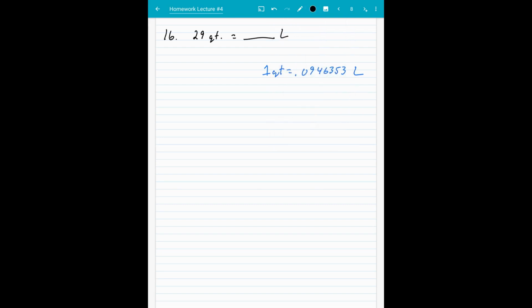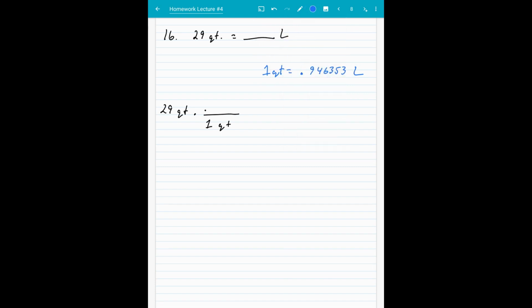And we can use that conversion. 29 quarts times 1 quart on the bottom and, oops, there shouldn't be a 0 on there. I apologize. It's supposed to be 0.9. That would have been a very small number.